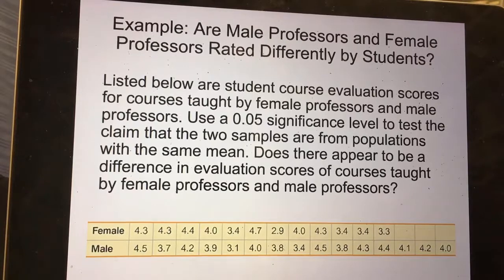Okay, so listed below are student course evaluation scores for courses taught by female professors and male professors. Use a 5% significance level to test the claim that the 2 samples are from populations with the same mean. Does there appear to be a difference in evaluation scores of courses taught by female professors and male professors?